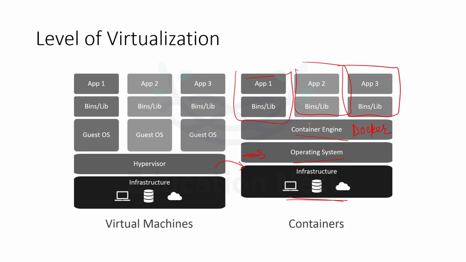So the host operating system in containerization provides the necessary isolation between different instances, or say containers, rather than using a hypervisor or separate kernel for each container. So each container becomes lightweight because it does not have its own operating system. Containers are easier and quicker to spin up.